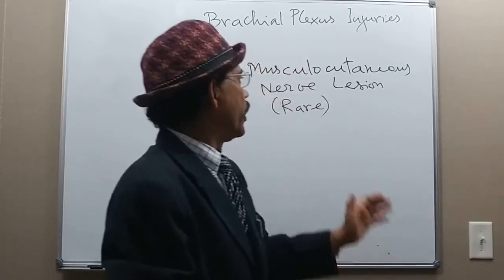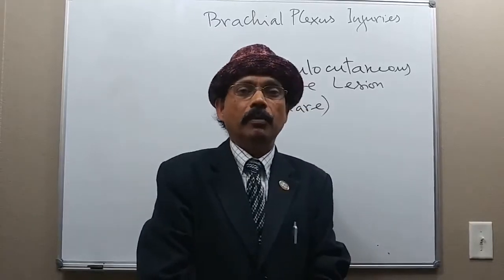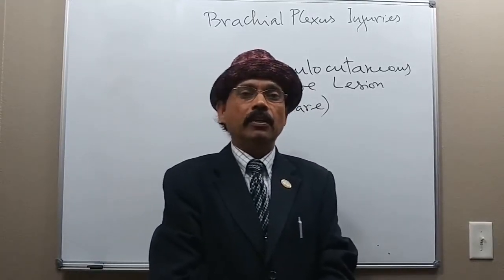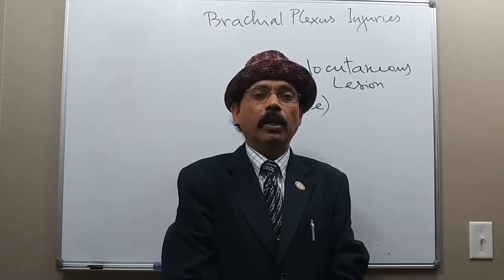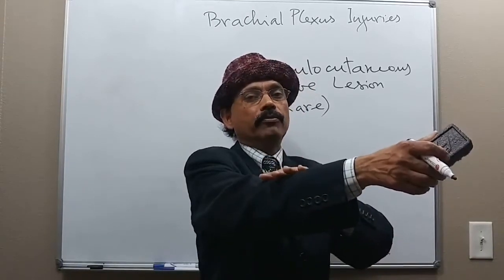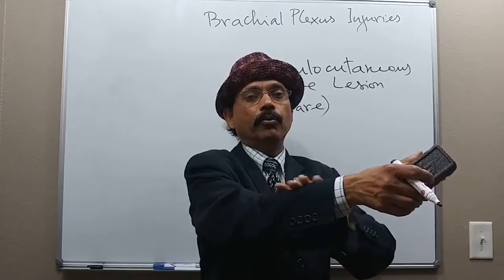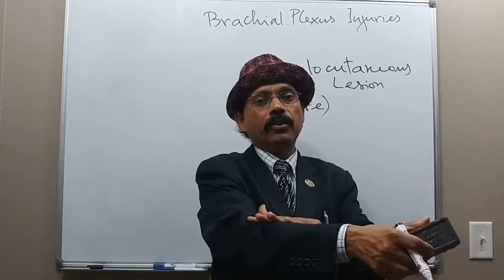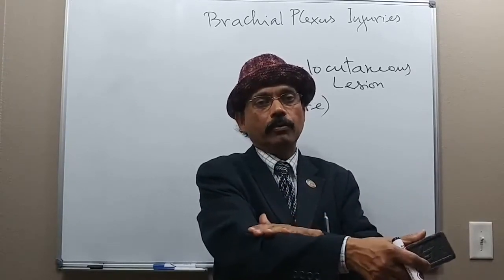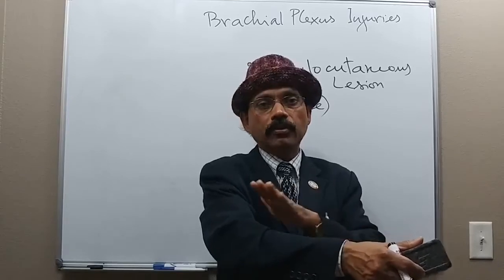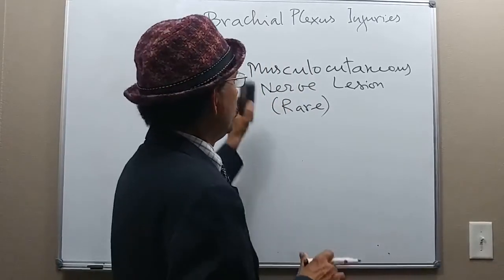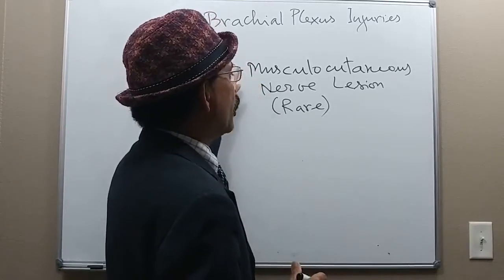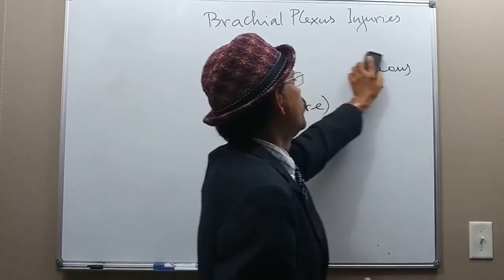Okay, so it may happen. What will happen? The biceps brachii, brachialis muscle, okay, coracobrachialis muscle will be paralyzed, and there will be lack of sensation from the lateral aspect of the forearm, because the lateral cutaneous nerve of the forearm is a continuation of the musculocutaneous nerve. It is rarely involved, but it may be involved.